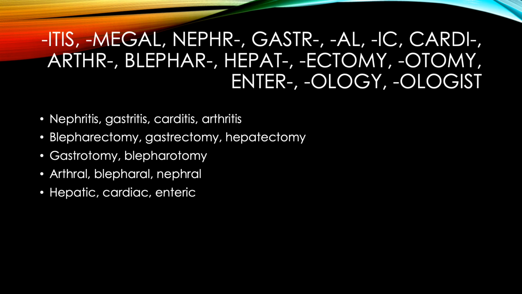For the -ic, again, that means pertaining to. I've given you hepatic, cardiac, and enteric. Hepat- means liver, so this is not inflammation. It means pertaining to the liver. Cardiac is pertaining to the heart, and enteric means pertaining to the intestine.